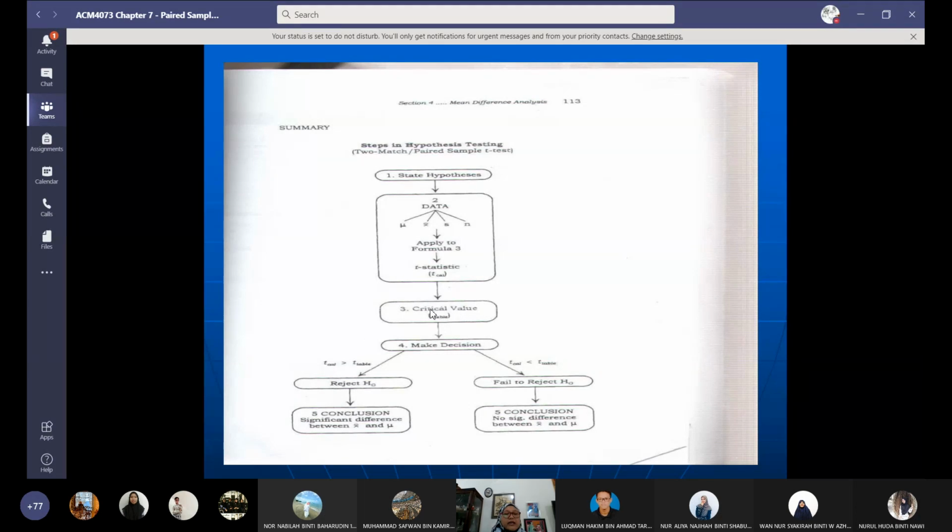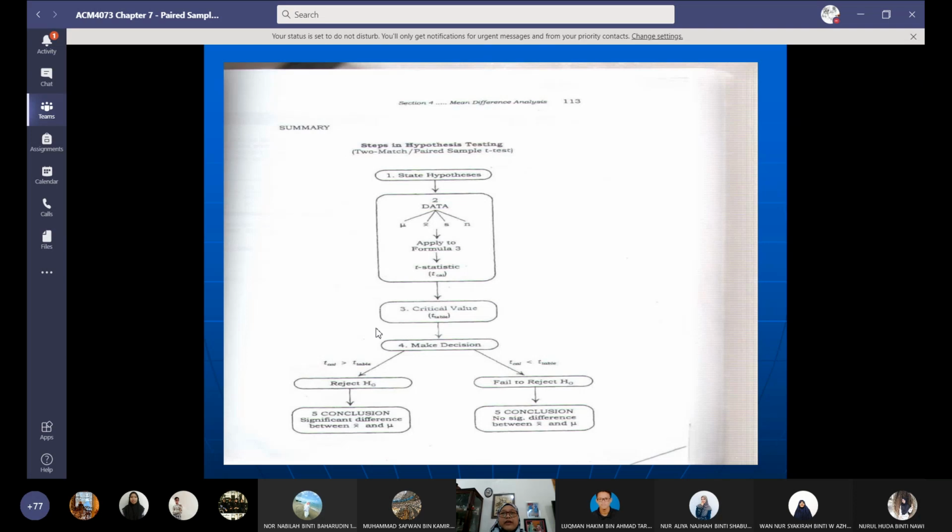This can be done using the t-table, the table that we had in the previous lecture, that leads you to certain scores for certain significance values.